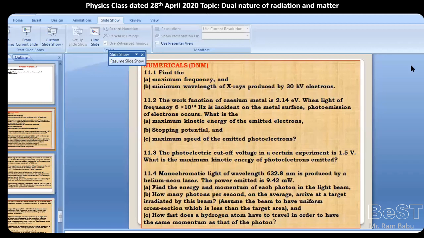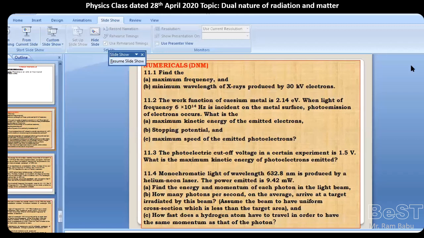What is the maximum kinetic energy of photoelectrons emitted?